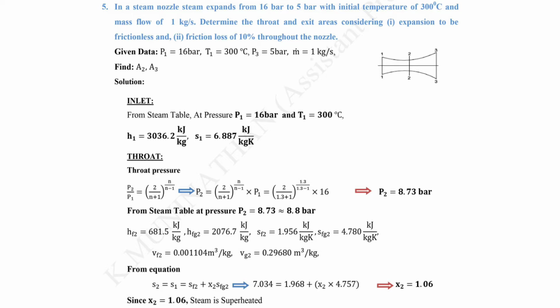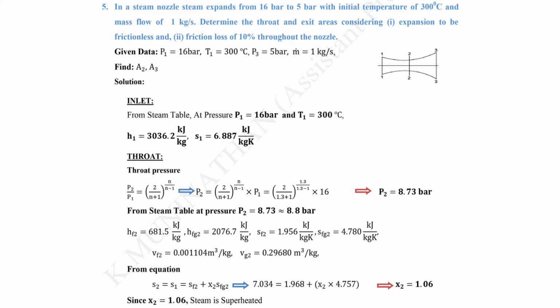Solution: inlet, from the steam table at pressure P1 equal to 16 bar and T1 equal to 300 degrees Celsius, H1 is equal to 3036.2 kilojoule per kilogram. S1 is equal to 6.887 kilojoule per kilogram Kelvin. Then we calculate the throat pressure value using the polytropic formula.